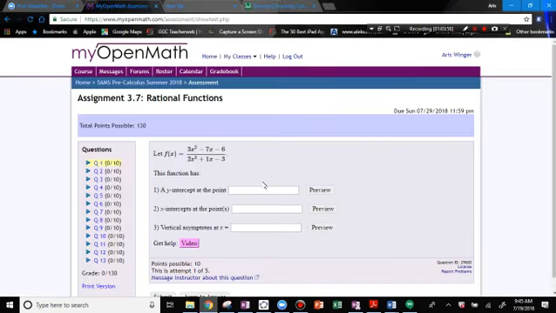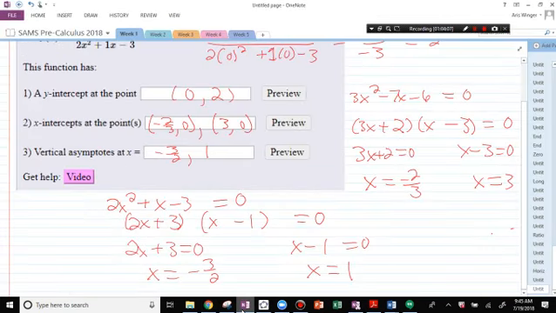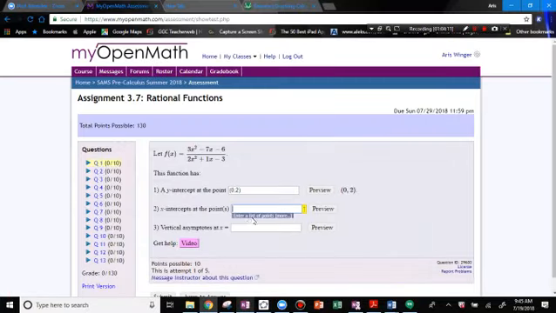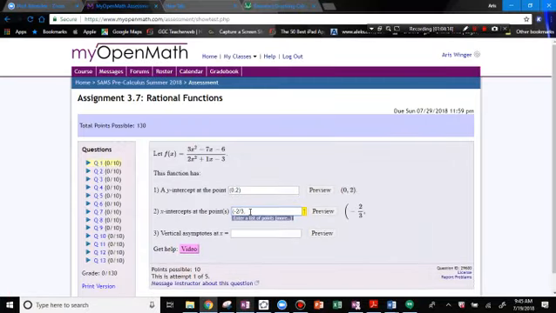Negative 3 over 2. So it says enter a point, 0, comma 2. Here we're entering negative 2/3, comma 0, and then comma.